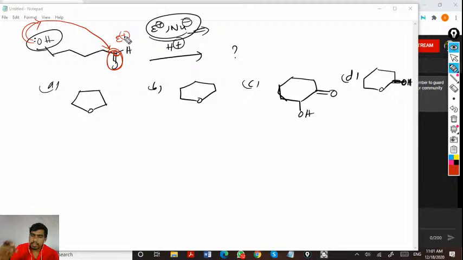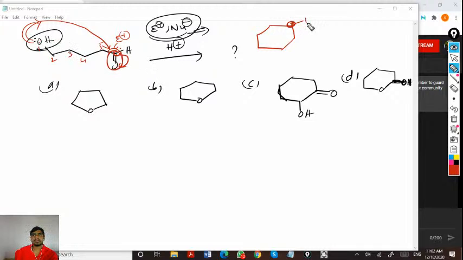So on that basis, if it is attacked, it will give a 6-member ring: 1, 2, 3, 4, 5 and 6, because it is attacking on this. So write a 6-member ring and start from the oxygen. With the attack of this, it becomes O minus, which will be supplied with the H plus of this.